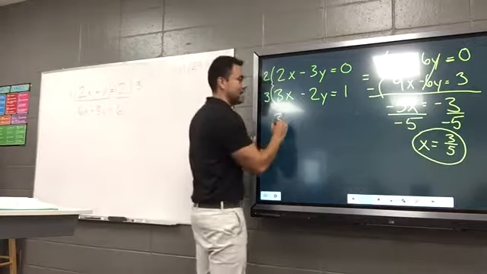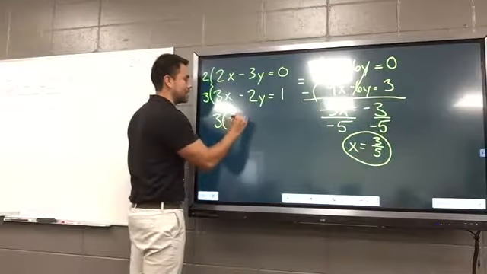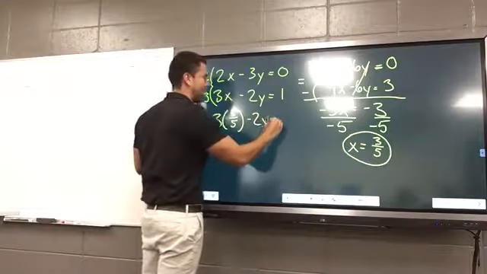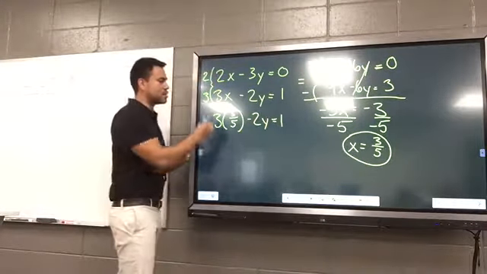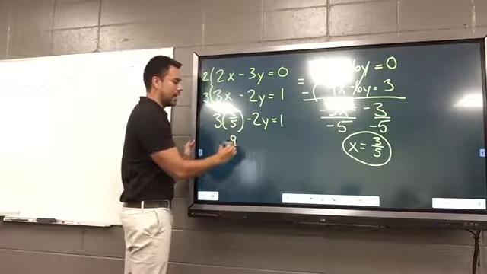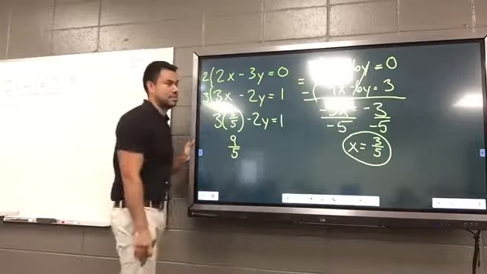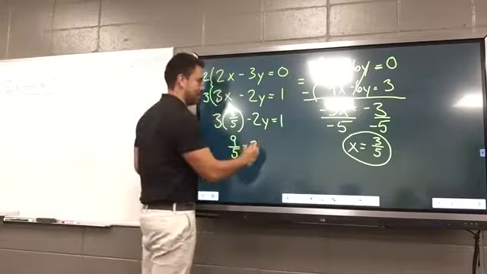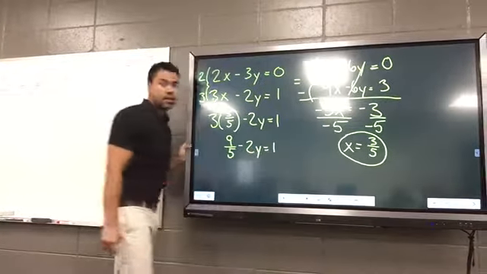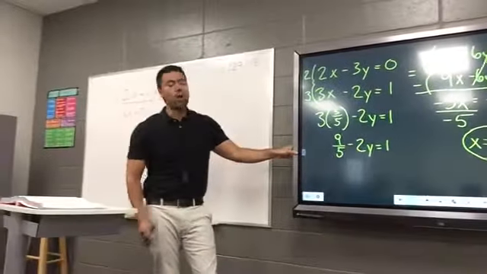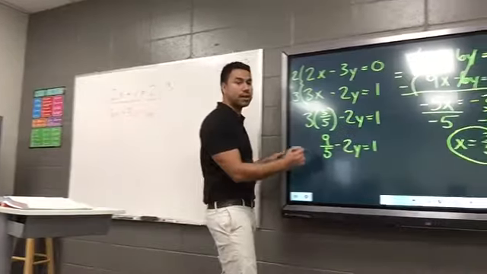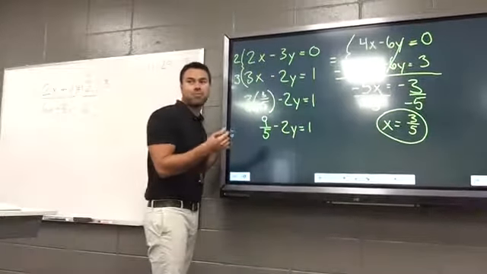All right, 3 times 3/5 minus 2y equals 1. What's 3 times 3/5? 9/5. Oh, sorry. 9/5 minus 2y equals 1. What do you do to both sides to get y by itself? You're going to first subtract or do something.